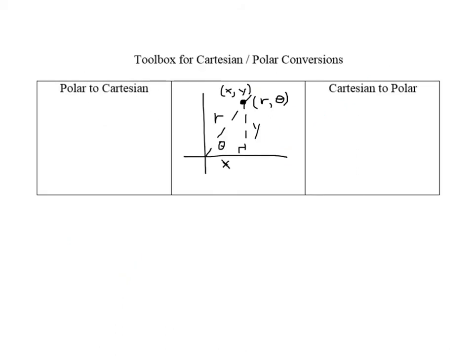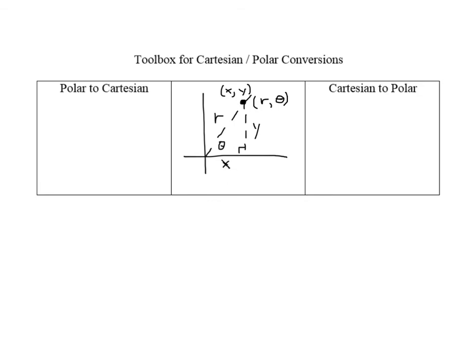Okay, so we now have 4 equations that are really helpful for us when we want to do some conversion, either from Cartesian to polar or from polar to Cartesian. I have made this drawing here to kind of set the scene. As you can see, it has representations of both types of coordinate systems. We've got x and y represented here, and then we have r and theta.